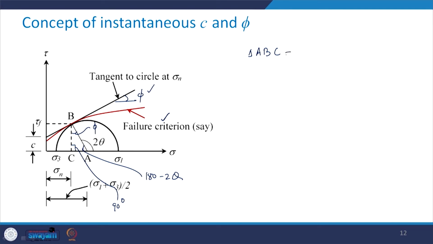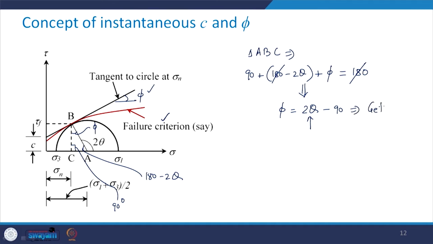So in triangle ABC we can write 90 plus 180 minus 2 theta plus phi, this is equal to 180. This will get cancelled out, and what you will get from here is phi is equal to 2 theta minus 90. Now earlier we already have obtained the expression for theta. So from here we can get phi.